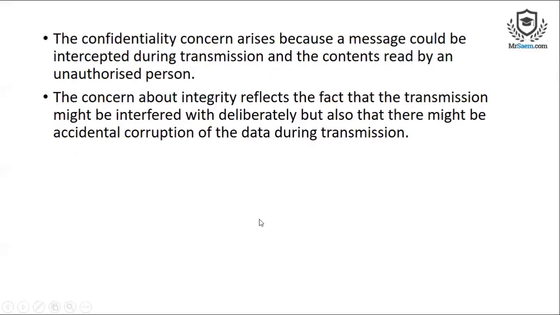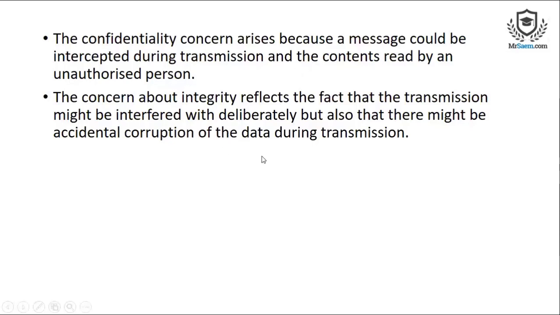Actually, what does confidentiality basically mean? The concern arises because a message could be intercepted during transmission. So obviously there's a point of confidentiality over here. The contents could be read by anyone, a hacker or something. And if this information is financial, obviously that could be a much bigger concern as far as banking is concerned.